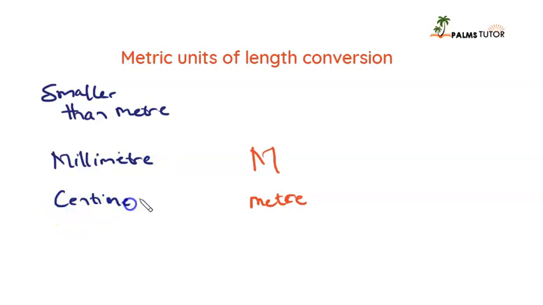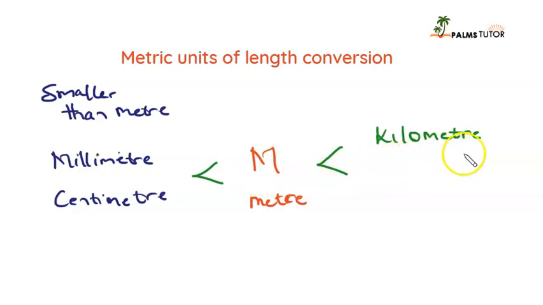They are smaller than a meter. The ones that are bigger than meter are many, but we would limit ourselves to kilometer, the most common type. So millimeter and centimeter are less than a meter, while kilometer is greater than a meter, which means meter is less than a kilometer.